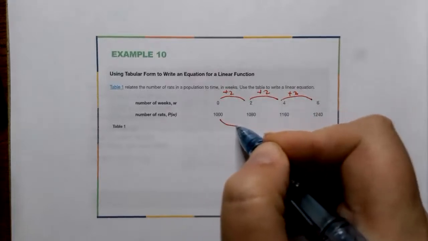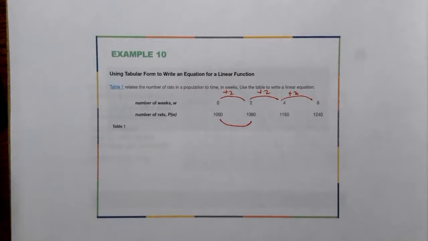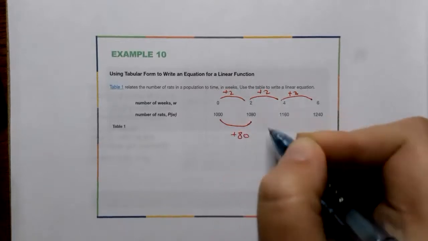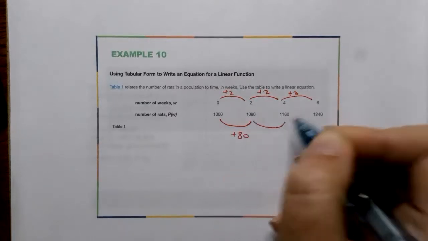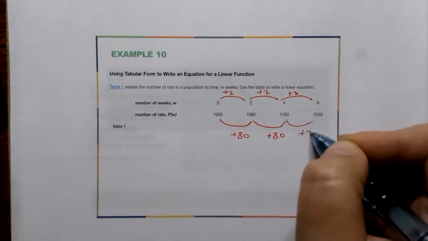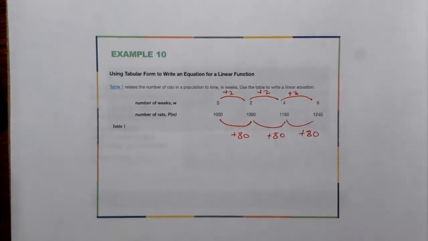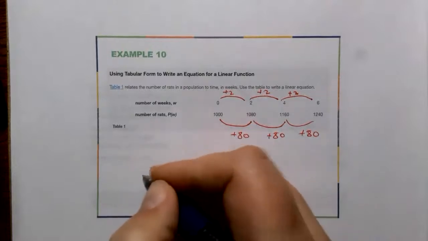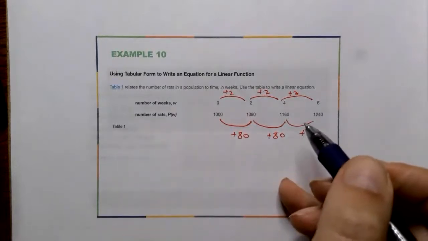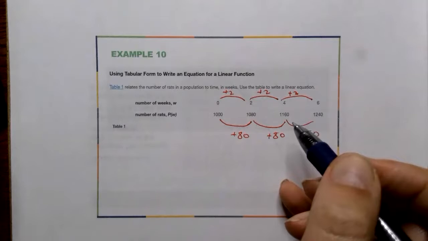So from 1000 to 1080, that's plus 80. Okay, and then to the next value, it's also going to be plus 80, and plus 80. So yes, it is a linear pattern. We're good.